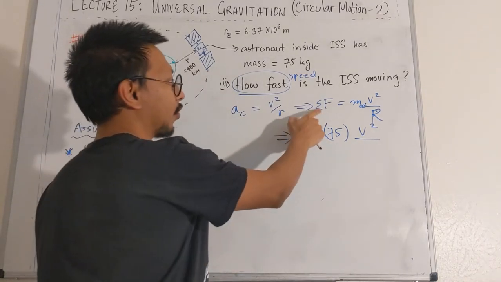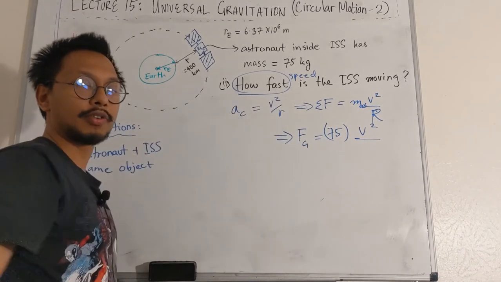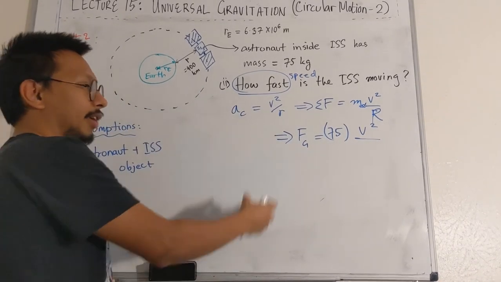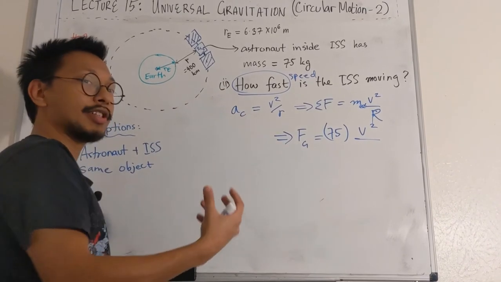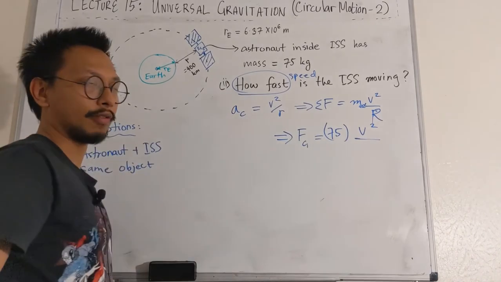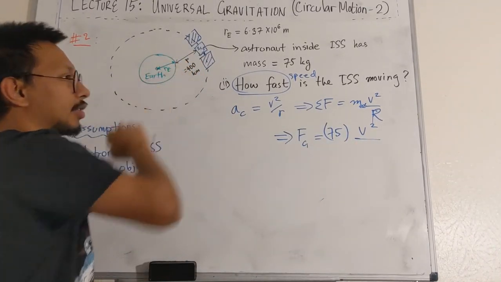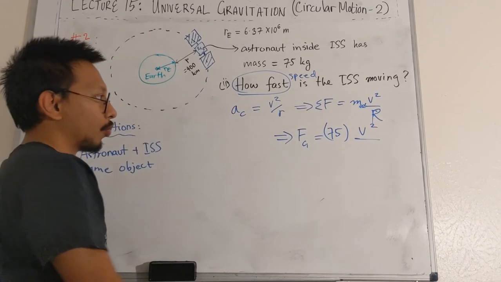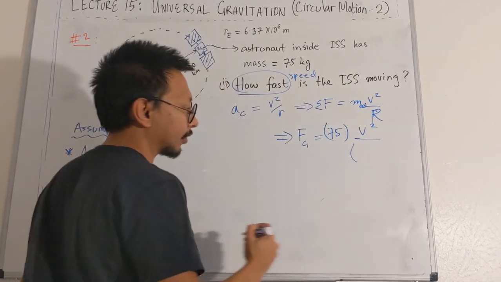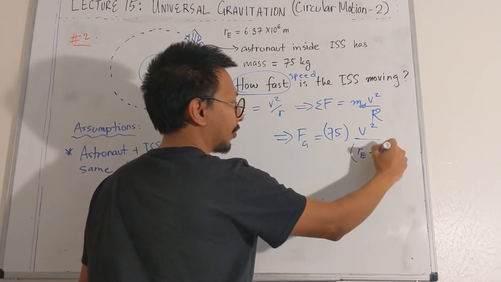Because the force that we have calculated, gravitational force, was dictated by the universal gravitational law, and that demanded that the separation distance be a center to center distance. So to use this gravitational force, we have to use the center to center distance of the two objects, which again is capital R, and we know what that is from our previous calculation. It is nothing but the radius of the Earth added to the orbital radius.